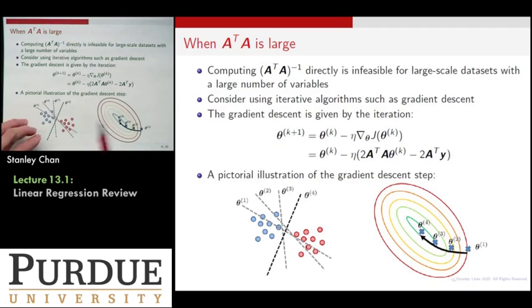Now, the interesting thing goes to the left-hand side of this slide, which is a pictorial illustration of what's happening to your decision boundary as you make progress in this contour map. So on this contour map, you have all these thetas. These thetas, they are the model parameters. They define the slope. They define the y-intercept. Right?